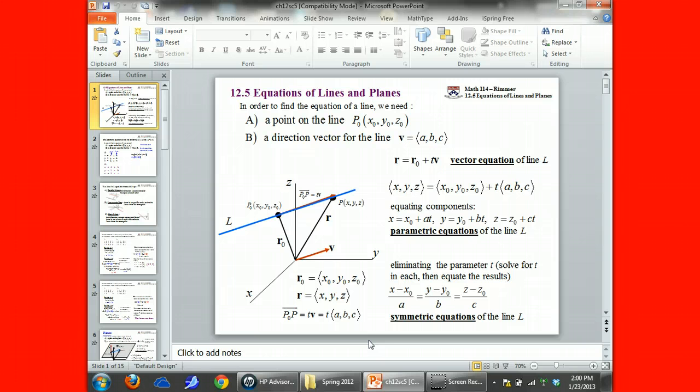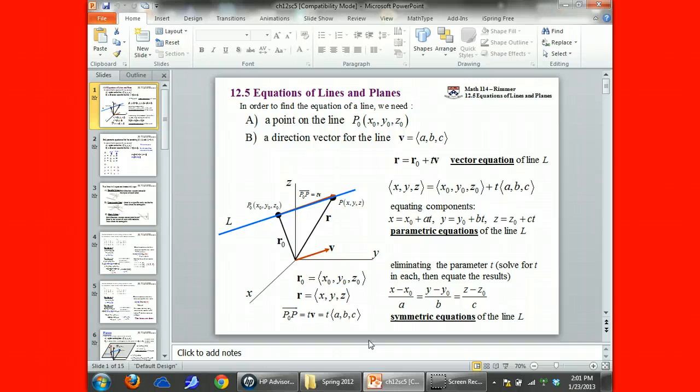And what we had said was that all we need is one particular point on the line, call that x naught, y naught, z naught, and a direction vector for the line, call that direction vector ABC as its I, J, and K components. Once you know the point and the direction vector, you have everything you need for the parametric equations of the line.